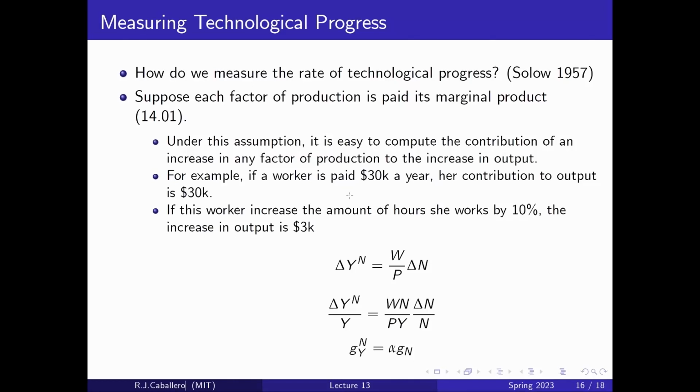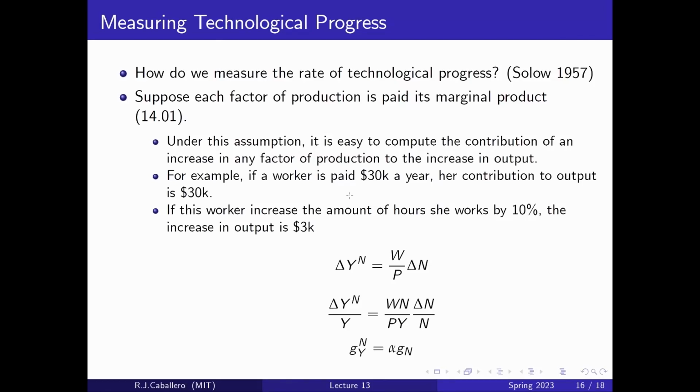That's called the labor share. It's the wage bill, W times N, divided by total revenue, sales, times the rate of growth of population or workers. So I'm going to call this G_YN. It's the rate of growth of output due to the rate of growth in population, equal to this labor share, which I'm going to call alpha, times G_N.